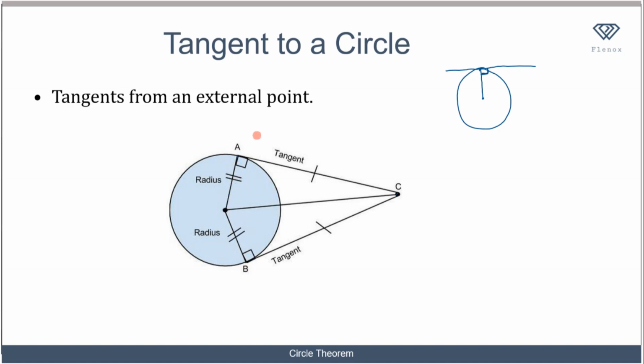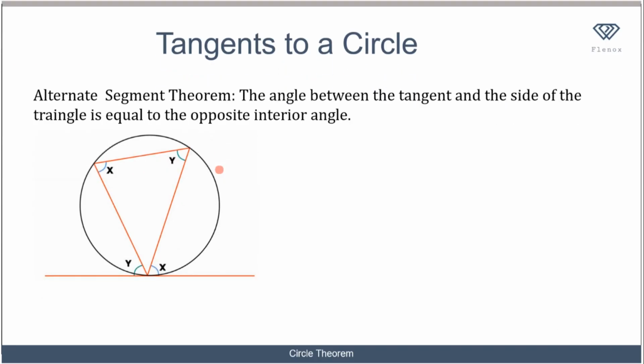And this property tells us that the length of line AC is equals to the length of line BC. So these lengths are equal, and also the angles between here and here will be equal to each other. That is what this property is all about. And the next property we'll talk about is the alternate segment theorem.